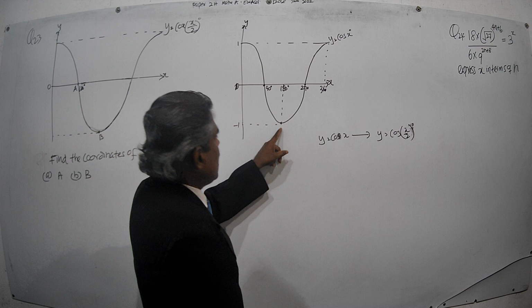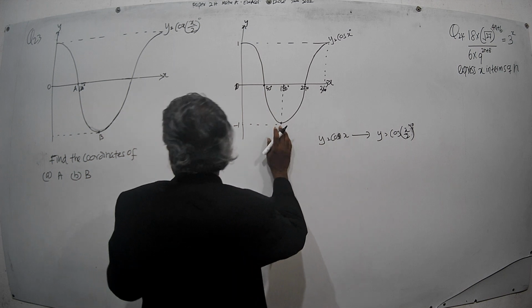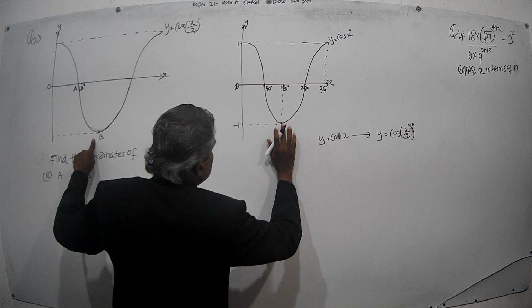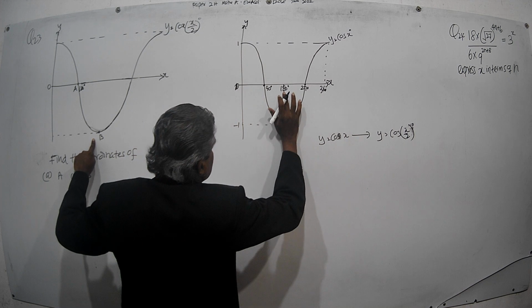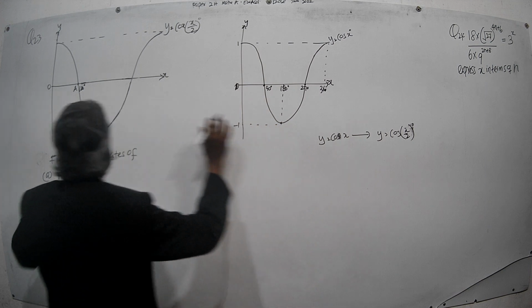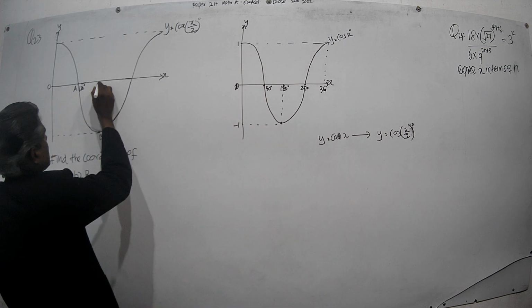The point B, the first minimum point of the cos graph, has x coordinate 180. That x coordinate is also multiplied by 2, so it turns into 360.